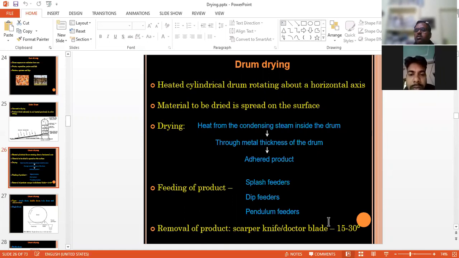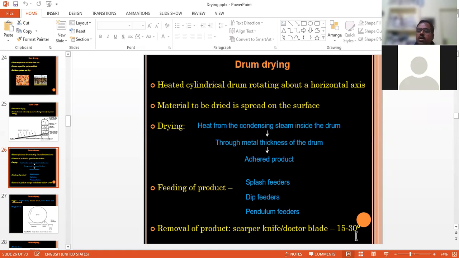After collection they are in the form of sheets, which are broken and passed through different sieve sizes, generally 30 mesh or 20 mesh. The scraper or doctor's blade for removal of the product can be kept at an angle of 15 to 30 degrees, so that we can get the maximum collection of the sheet.